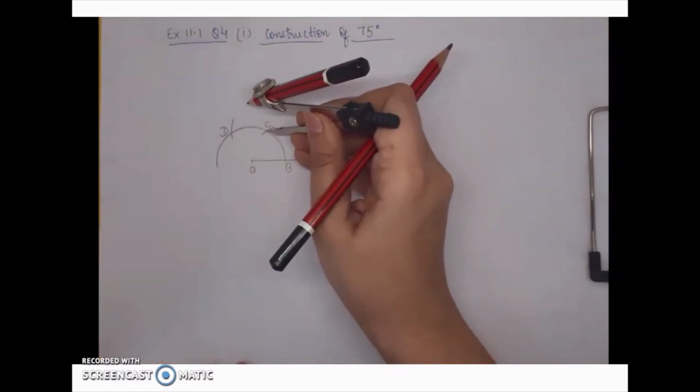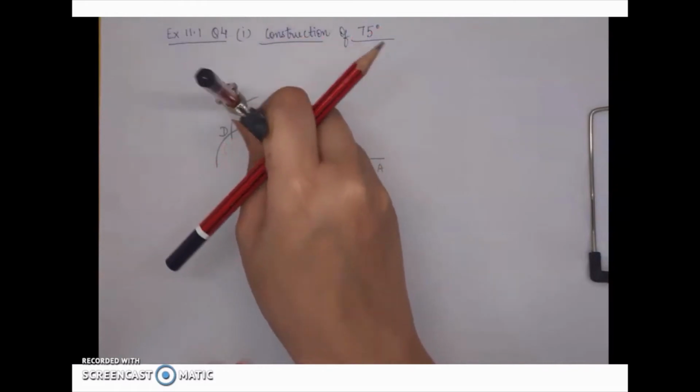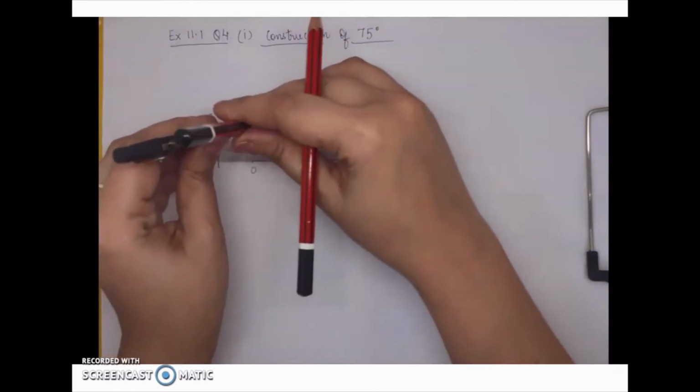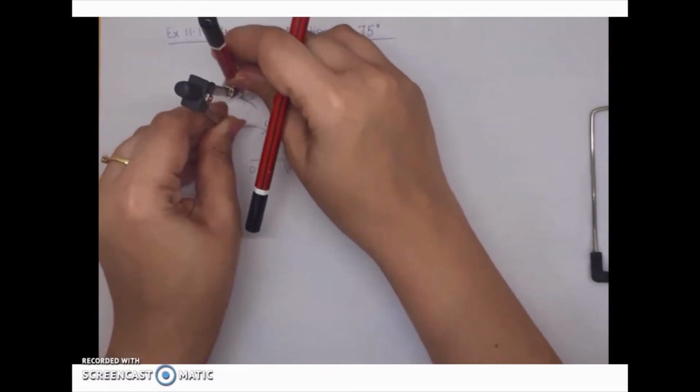So 60 and 120 angles you have got. Now this arc CD, if you bisect, you will get 90 degree angle. So next I am bisecting CD.